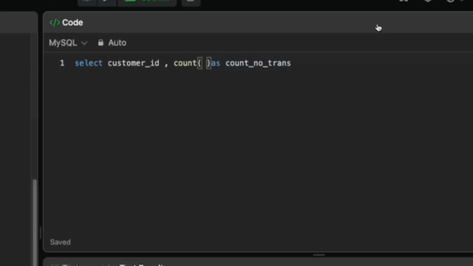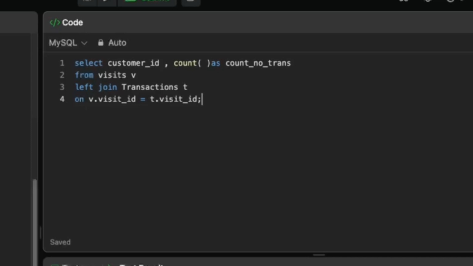Then we alias it as count_no_trans, from visits v left join transactions t on v.visit_id equal to t.visit_id.